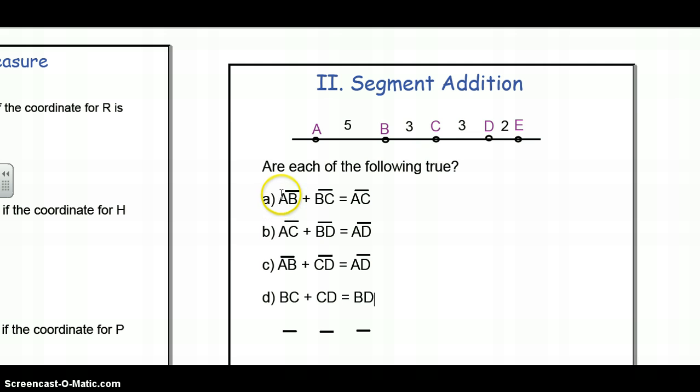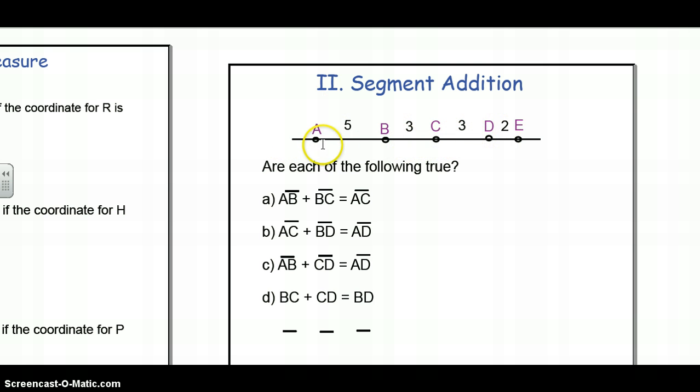So for number A, yes, AB plus BC equals AC, that total line. And for B, AC plus BD, does that equal AD?